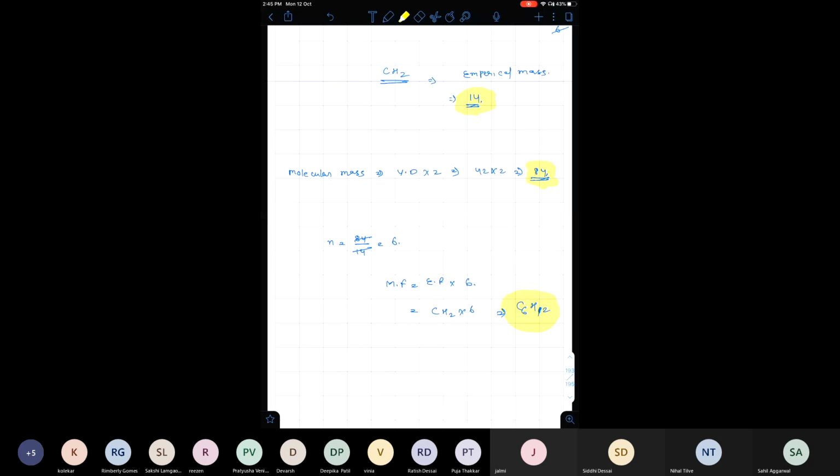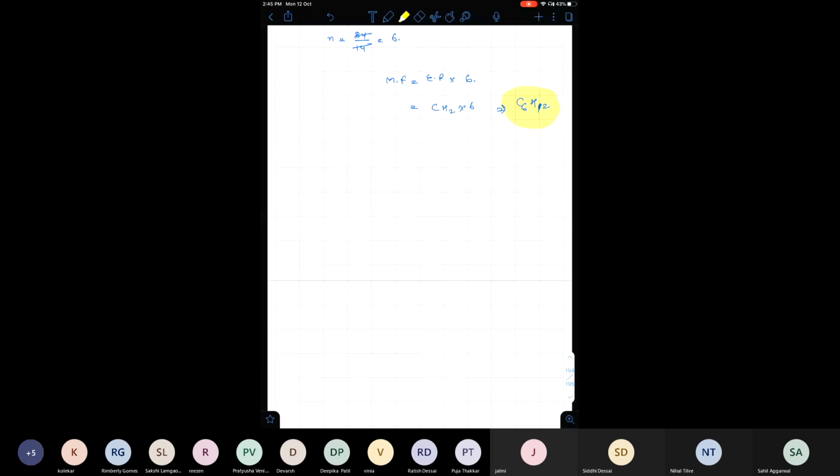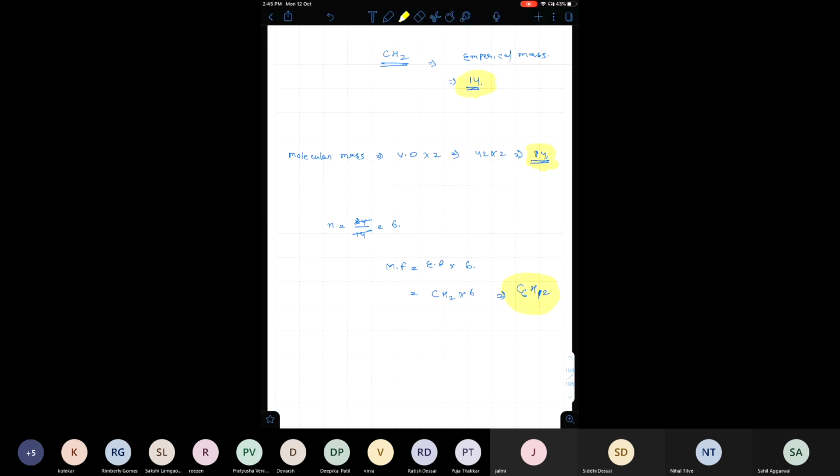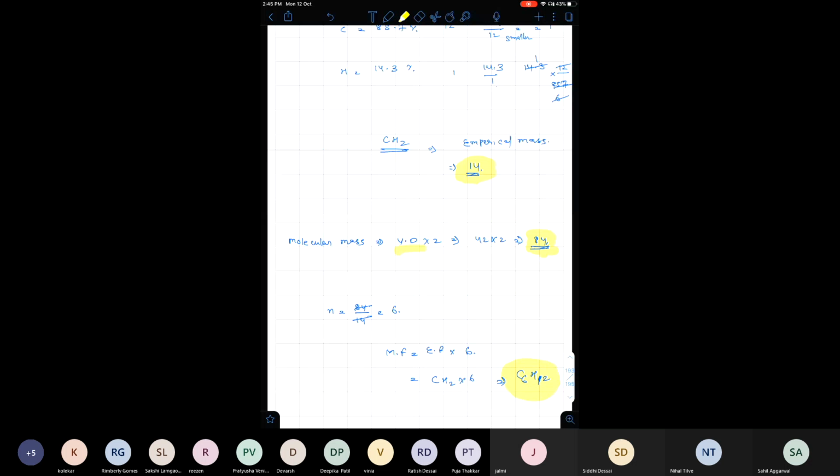Pratyusha, vapor density into 2 is molecular mass.